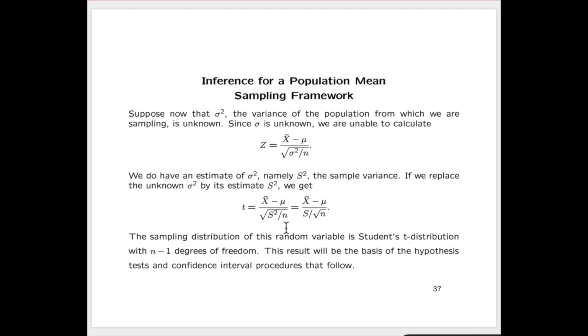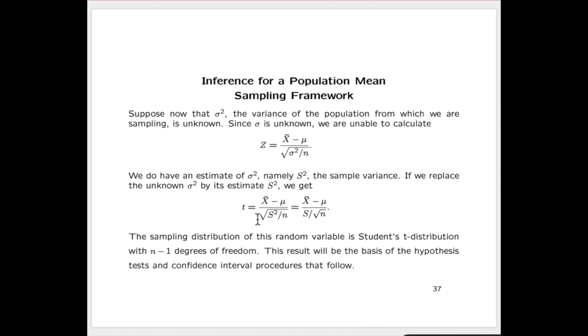And so this new expression, which we're going to denote by lowercase t, is x bar minus the population mean divided by, and then the quantity in the denominator is now not the true standard error of x bar, but it's the estimated standard error of x bar. Because we don't know the true value of the standard error of x bar because we don't know sigma squared.